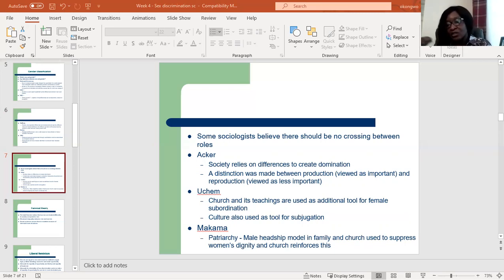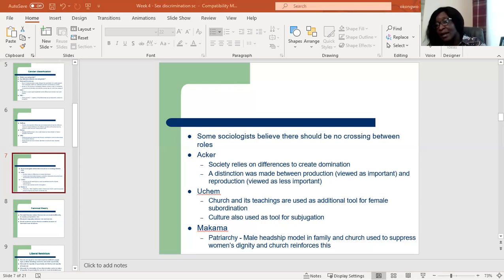It is used to intimidate them, get them to submit, and also ensure compliance. Culture is used as a way to threaten women, with ostracization or whatever threats they have, to put them in their place and get them to comply. So they are told, a woman's place is in the kitchen.